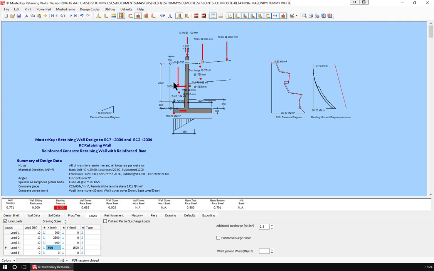Also, say if you had some sort of walkway mounted against the wall, 700 a meter wide, then you'd also want to look at that as an additional load, which is why we can also move it up and down on the wall as well. So we're able to take those very complex loads directly onto the soil. Now that's our loads covered.